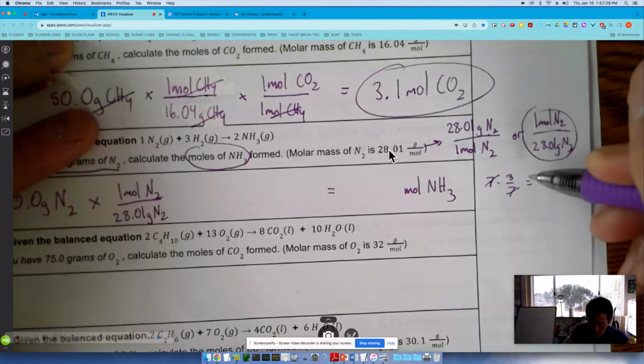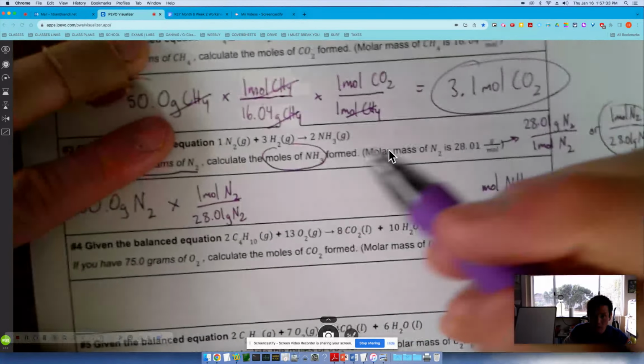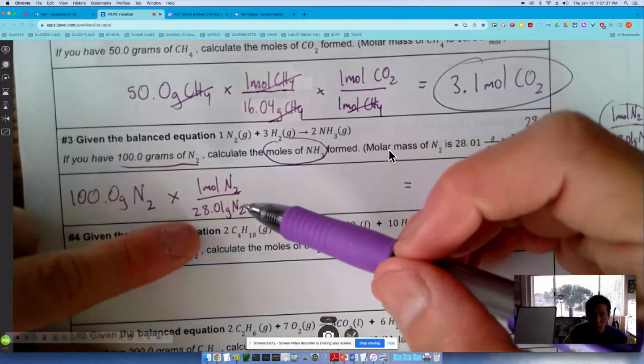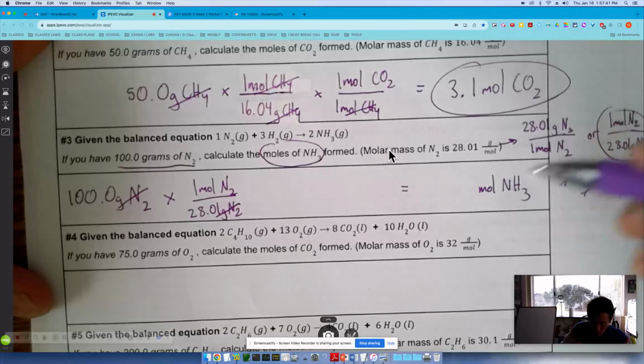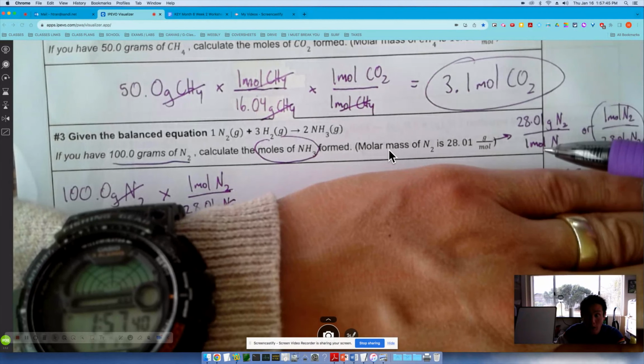See, they cancel out. Well, the same thing occurs here. Grams of N2 times grams over N2 will cancel out.